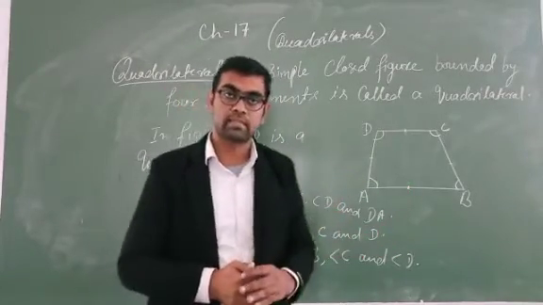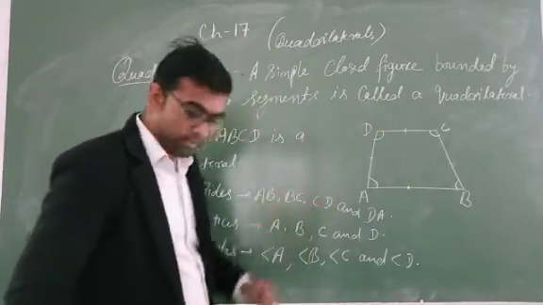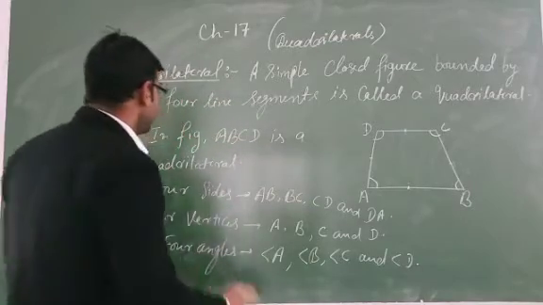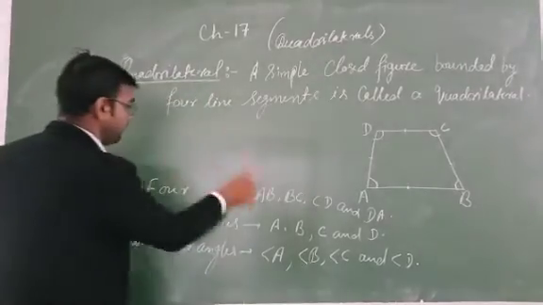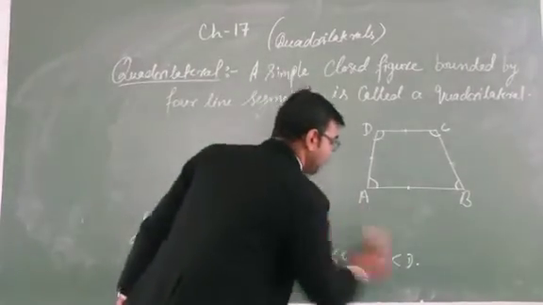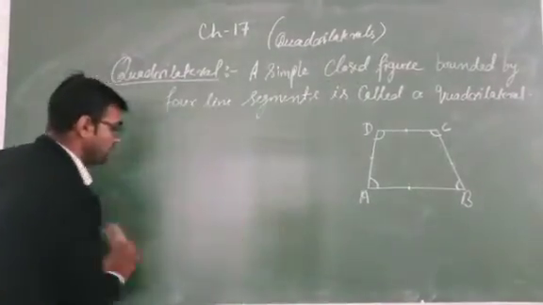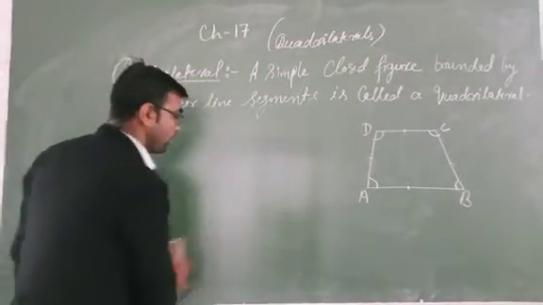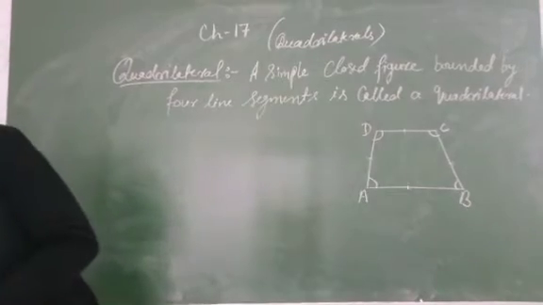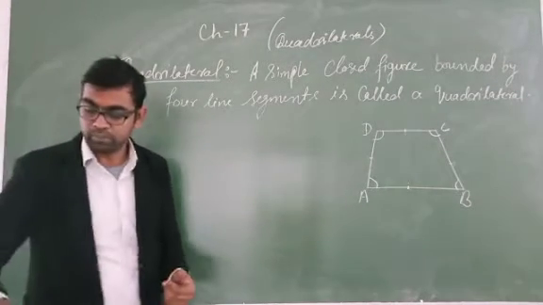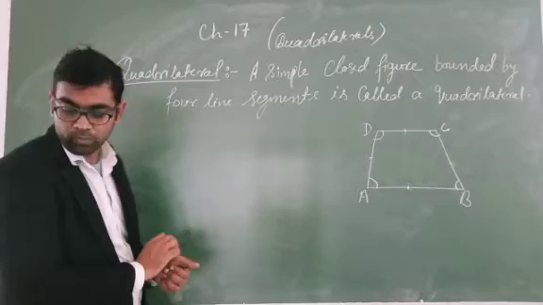Now, in a quadrilateral, adjacent sides. What are adjacent sides? Two sides are said to be adjacent if they have a common endpoint.